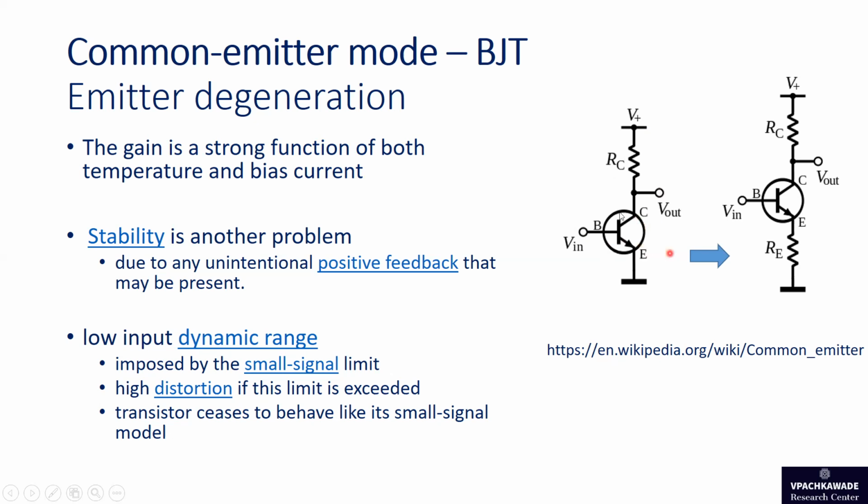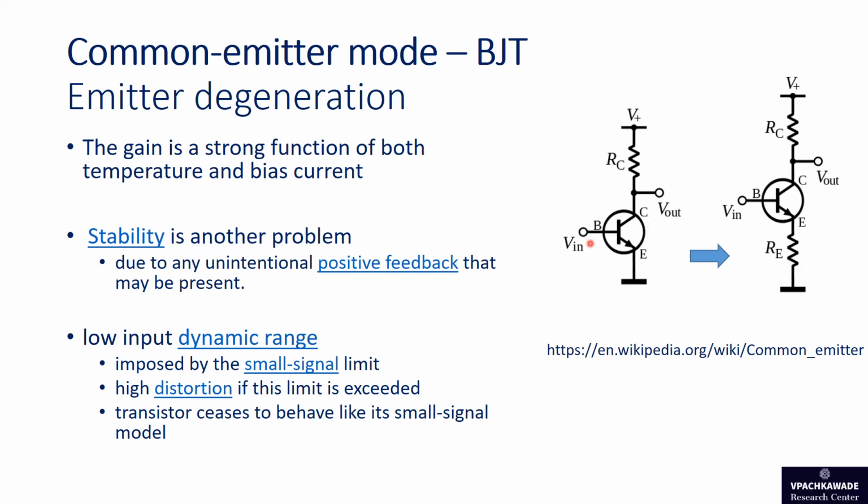So it is quite unpredictable for this circuit. The second drawback is the stability of this circuit. You need the output gain to be stable across all frequencies. But due to any unintentional positive feedback that may be present in the circuit, the stability of the circuit can be affected. Also, there is a third problem with this circuit, such as low input dynamic range.